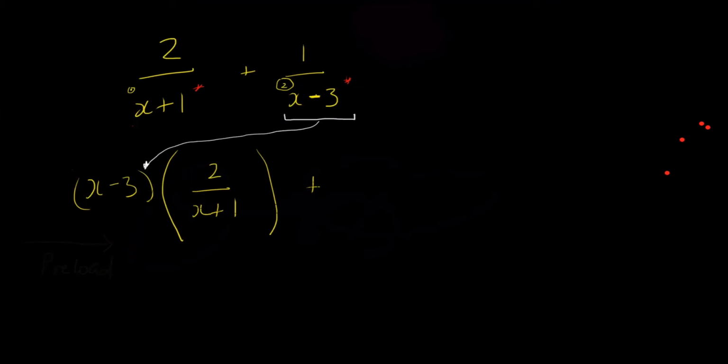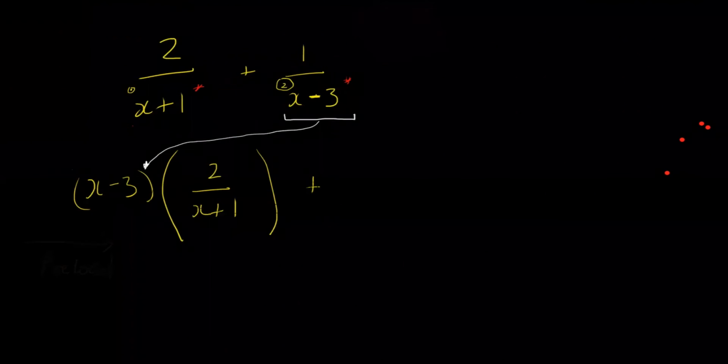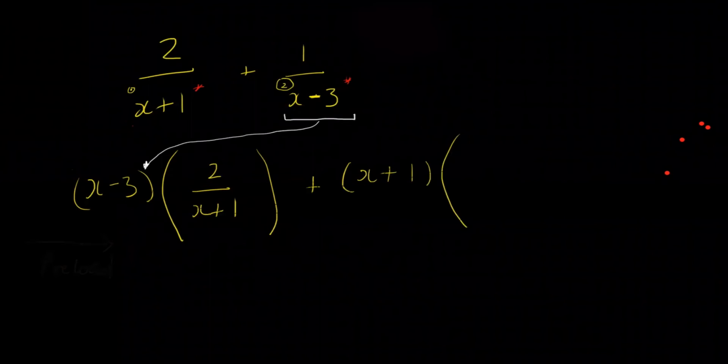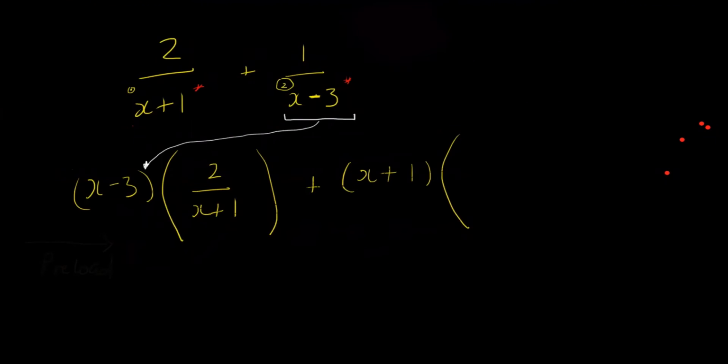Then I've got the first term, which is x plus 1, and I'll multiply it by the x minus 3 here.